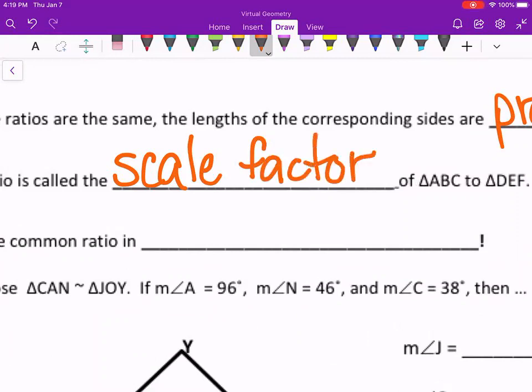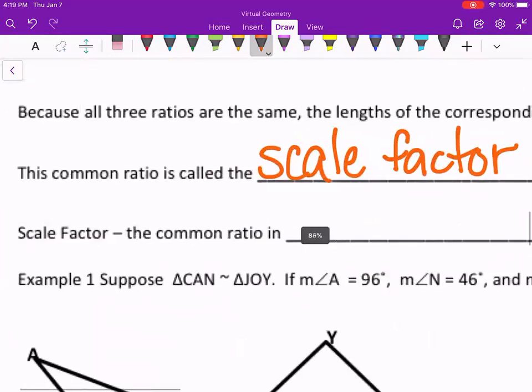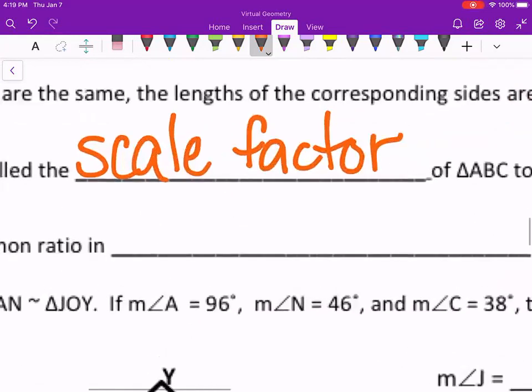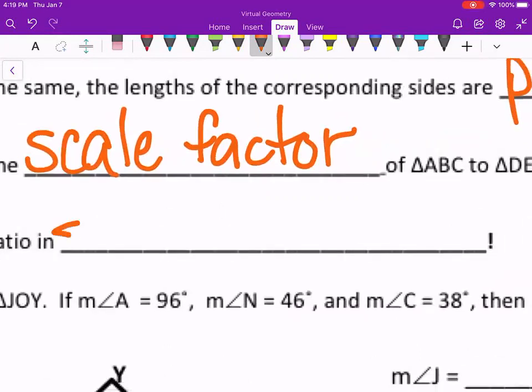In this case, it's a common multiplier. Now, scale factors have to be found in a very specific way, and we're going to talk about that in just a second. But more specifically, they are used in similar figures.